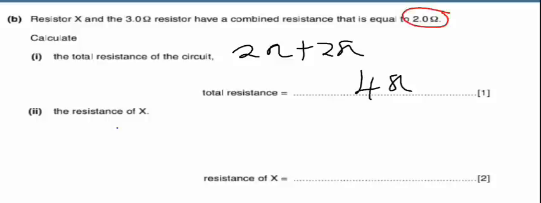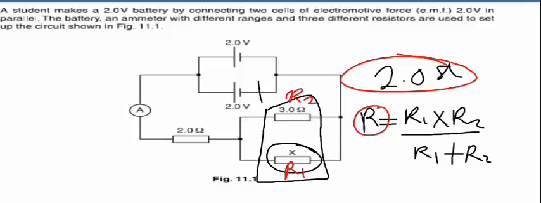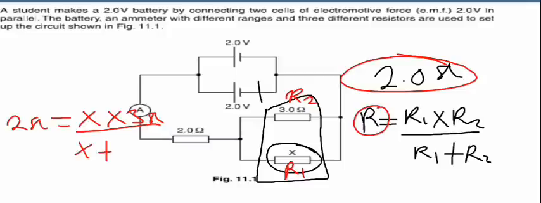So that is where I'm getting 2.0 ohms. So here I'm just going to set 2 ohms being equal to resistor 1, which is X, multiplied by resistor 2, which is 3 ohms, divided by resistor 1, which is X, plus resistor 2, which is 3.